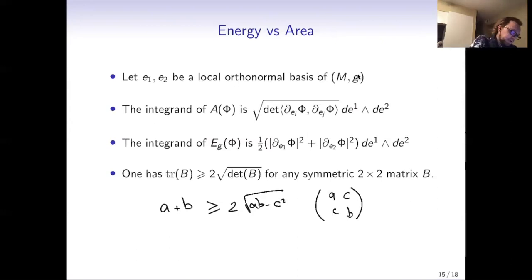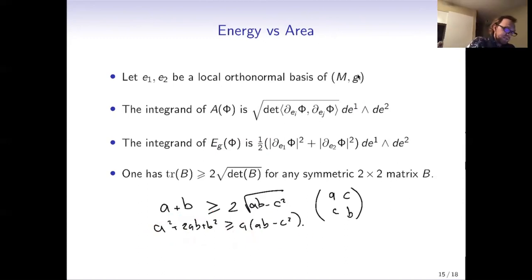If we take squares, we have a squared plus 2ab plus b squared bigger than or equal to 4ab minus 4c squared. So you move the 4ab to the left-hand side to get (a minus b) squared bigger than or equal to minus 4c squared. On the left-hand side, we have a positive number, and on the right-hand side, we have a negative number. So the usual thing.